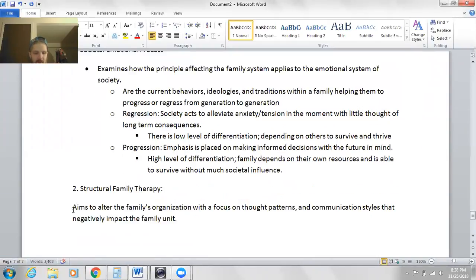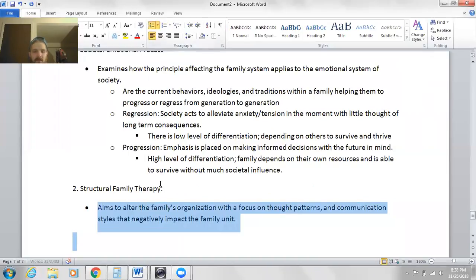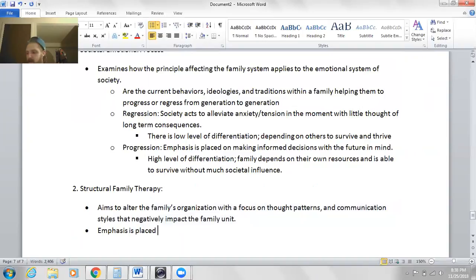Just realized I was not in the intended mode. So emphasis is placed on the family as a whole rather than individual members.